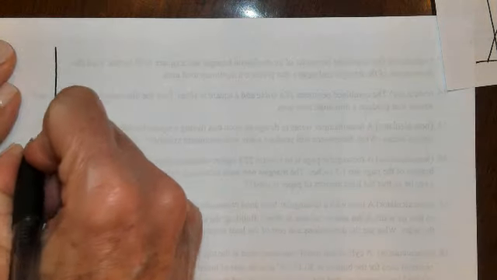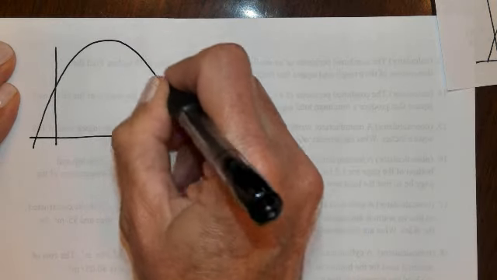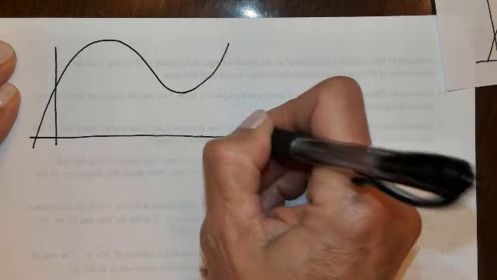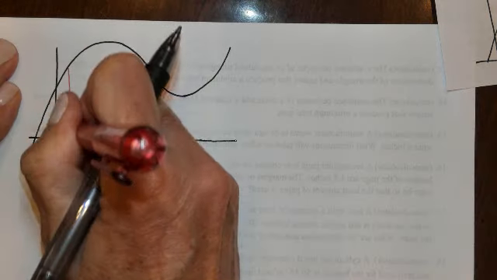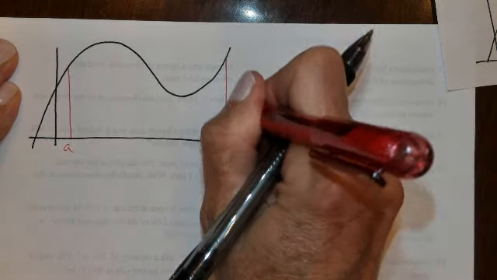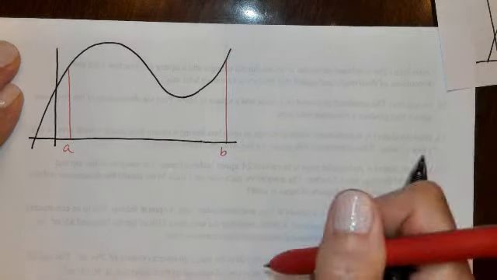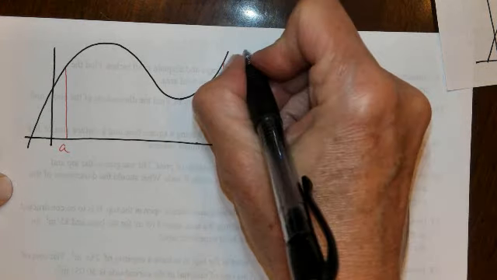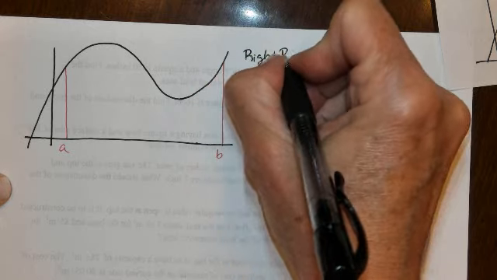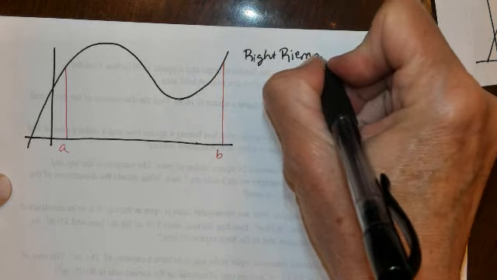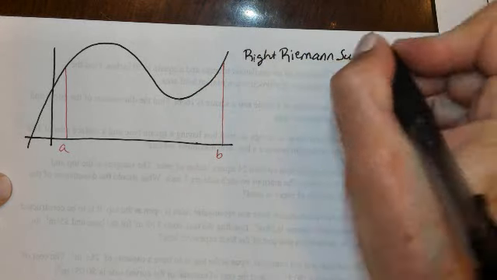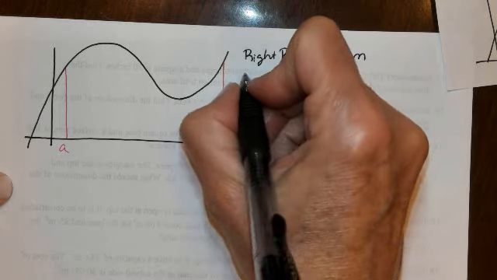Okay. I'm going to draw this again a little bit nicer. Get my A and B going here. All right. Let's say we're doing a right Riemann sum, and let's say that we have n rectangles.